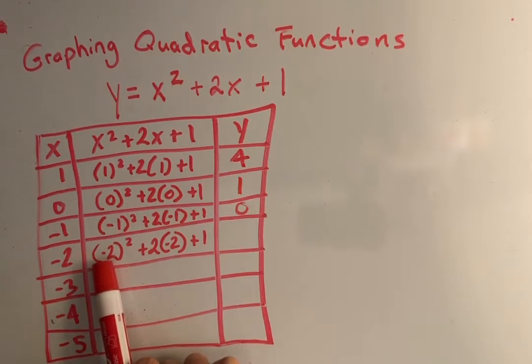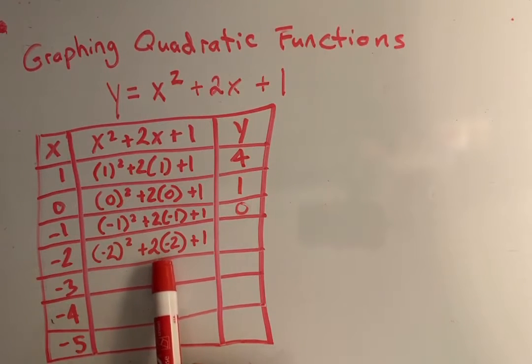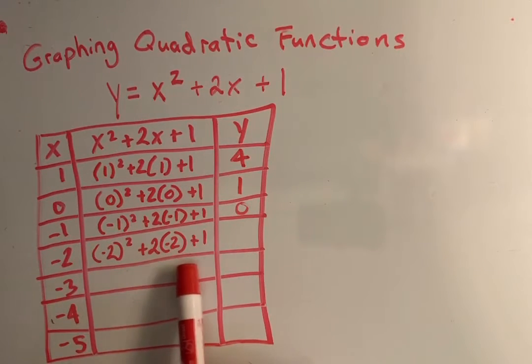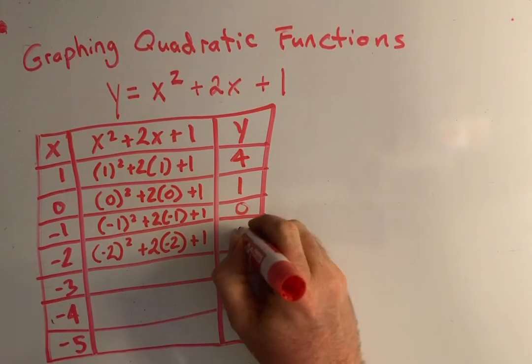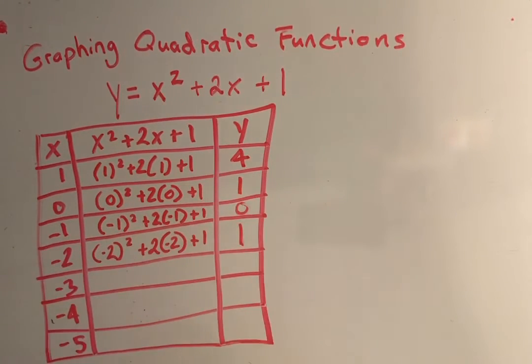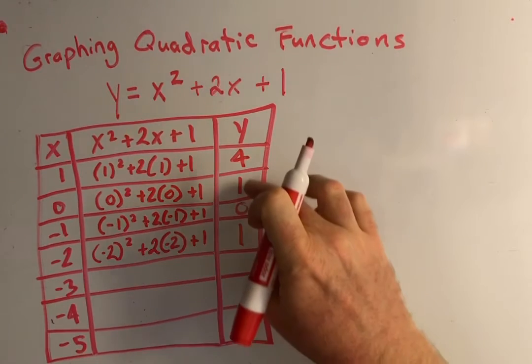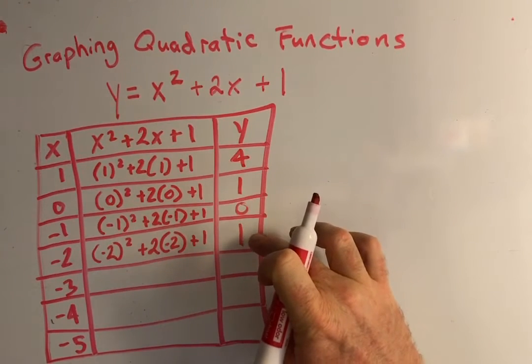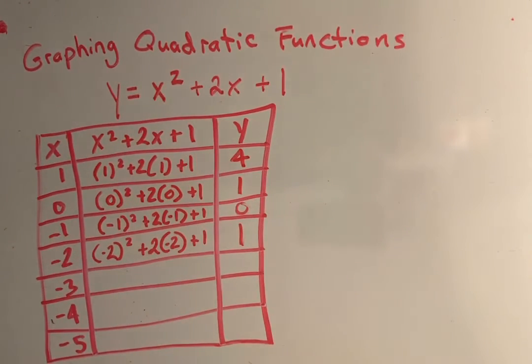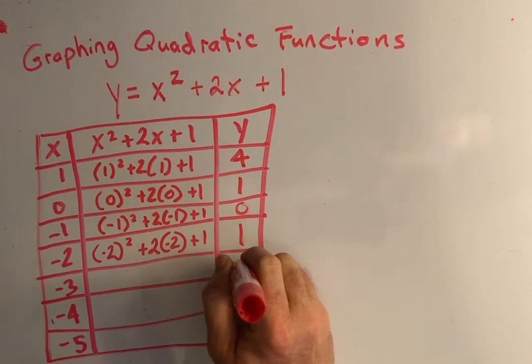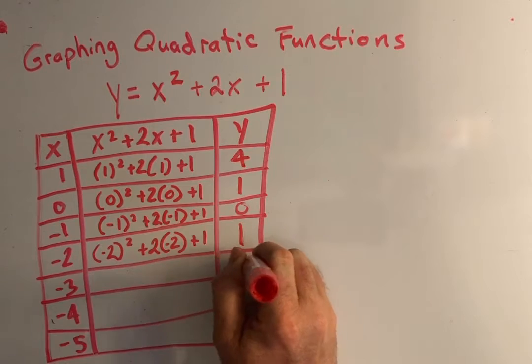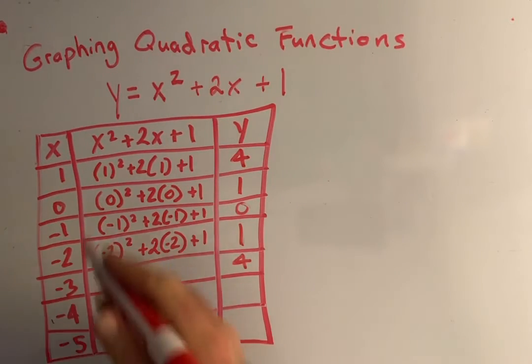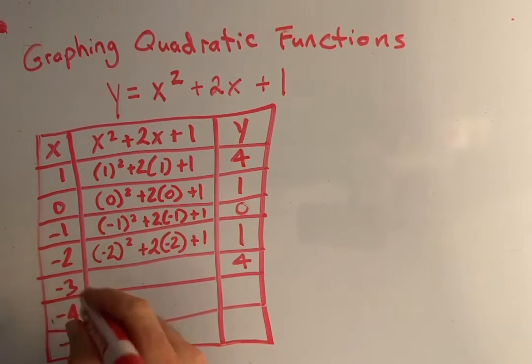So I have 4 plus -4. That's 0. Plus 1. That's 1. All right. Now, do you see how there's a 1 there? There's a 1 there. Can you guess what this is going to be? I'm going to guess that this is going to be 4.